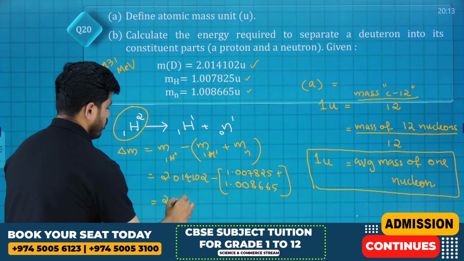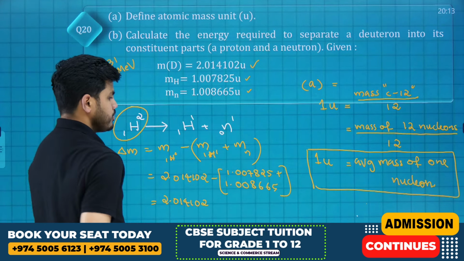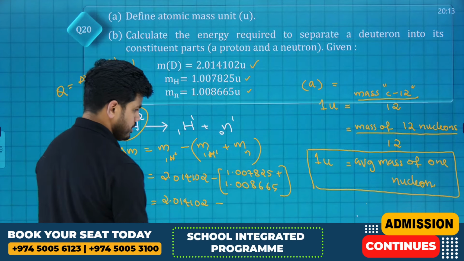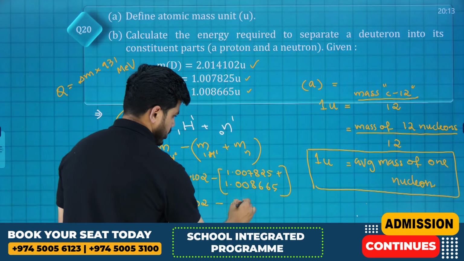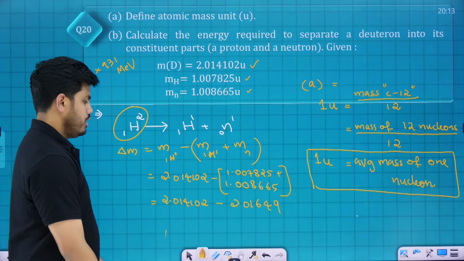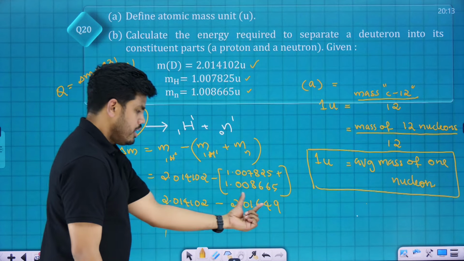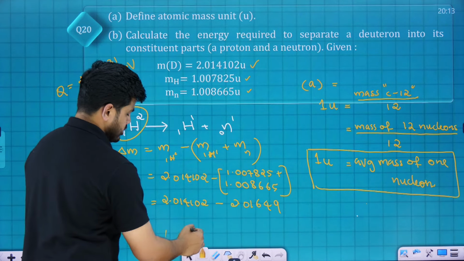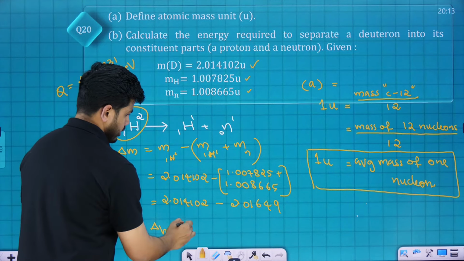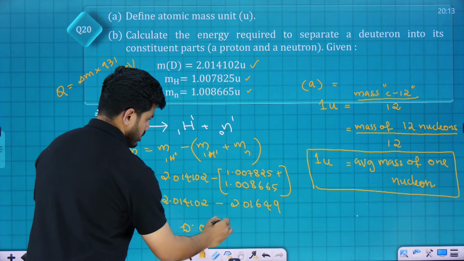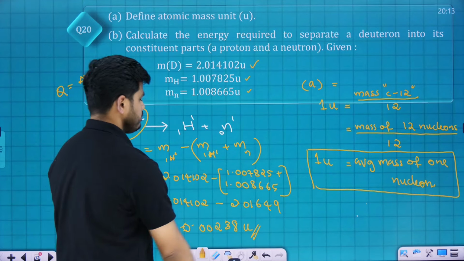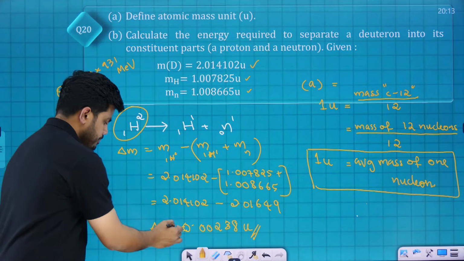So 2.014102 is the first part, and when we add these two together, we get 2.01649. Then we take the difference between the two. For delta M, we have 0.00238 atomic mass unit. That is the value of delta M.